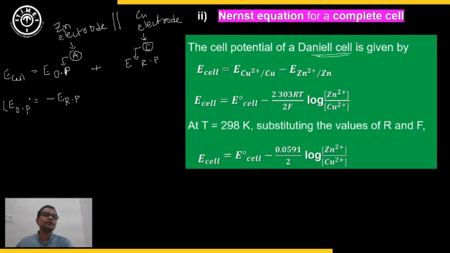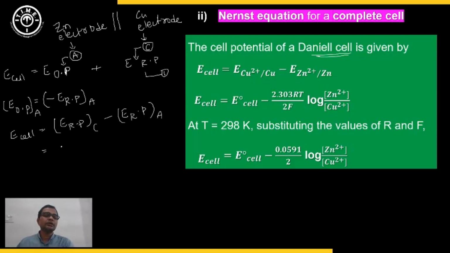Here the oxidation potential for an anode that you take is converted into reduction potential, therefore minus of reduction potential of the anode. Now this value is substituted in the above equation. What will you get? EMF of the cell is equal to the reduction potential of the cathode minus the reduction potential of the anode.